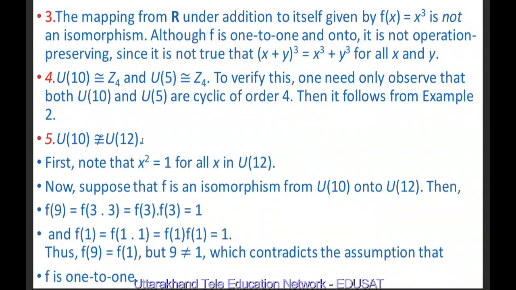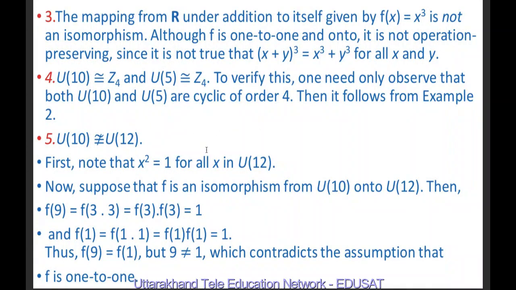So the elements of U12 are nothing but 1, 5, 7 and 11, because these are the only elements which are less than 12 and relatively prime to 12.